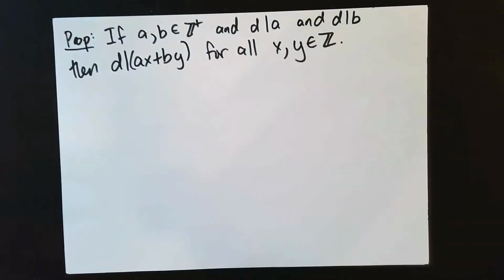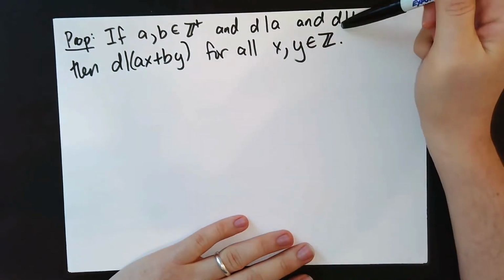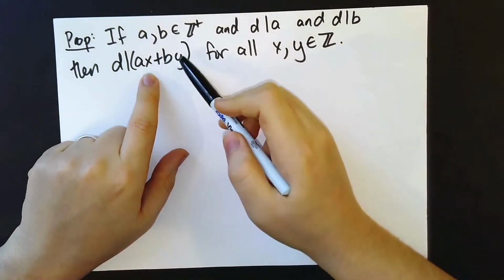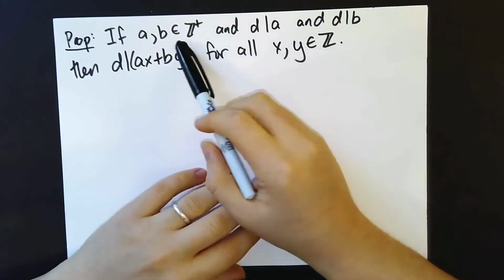So our entire algorithm is going to hinge upon one tiny observation that we made when we first started talking about divisibility. Let me remind you of what that observation was. If you start with two numbers that are divisible by something d, then no matter what combination you take of those two things, after multiplying them by some other numbers and adding them, the result is still divisible by d.